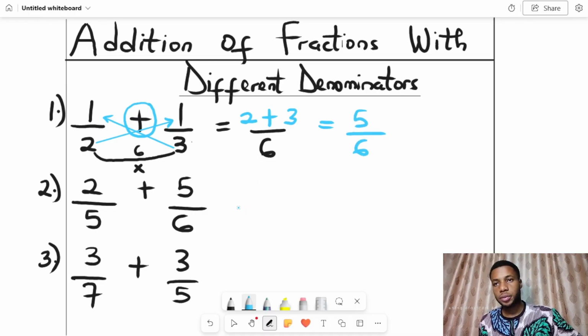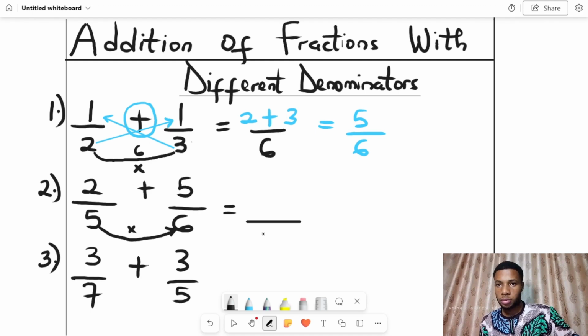Awesome. We're going to do the same thing for the second question: 2 over 5 plus 5 over 6. So easy peasy. 5 times 6 will give us 30. So we put the dash and write 30 as our denominator.